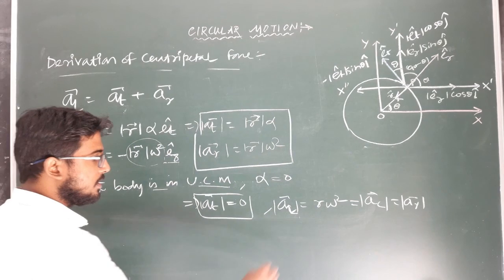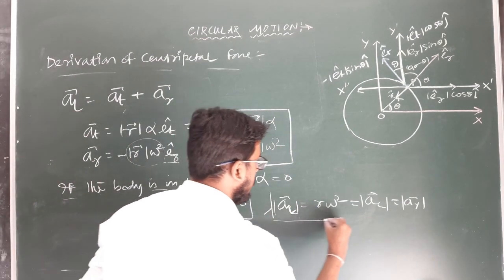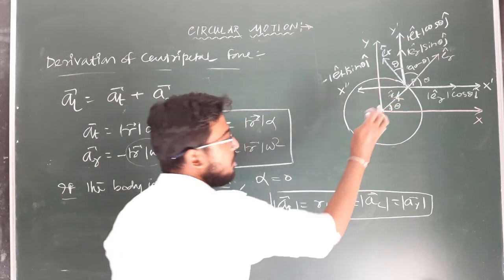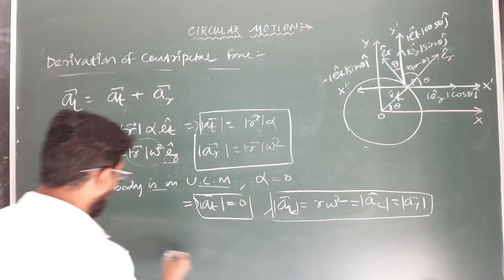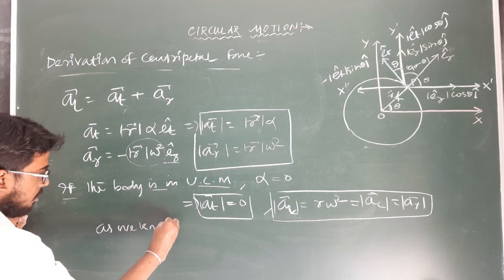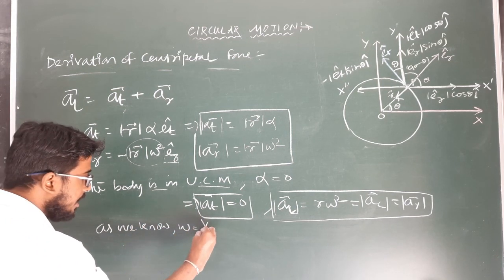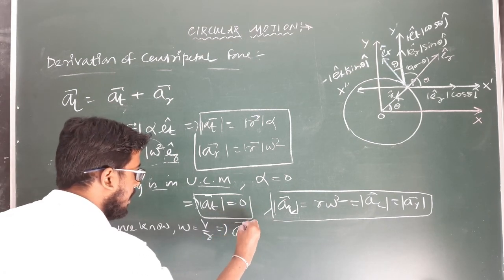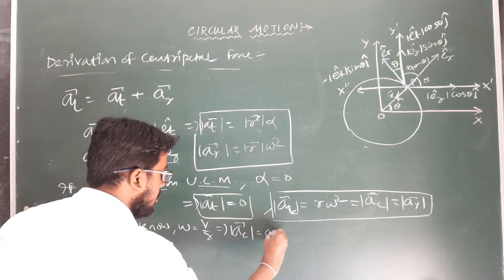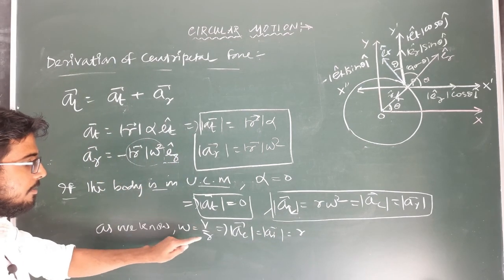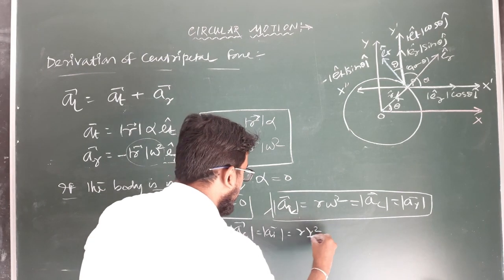Clear? So this is the expression for what? The radial acceleration or centripetal acceleration, which acts along the radius towards the center. So as we know, omega equal to how much? v by r. So this implies the centripetal acceleration or radial acceleration will be equal to r, in place of omega I can write v by r, so it will be v square by r square.